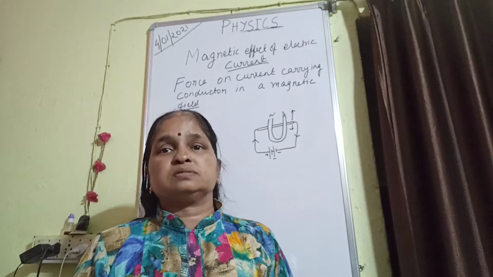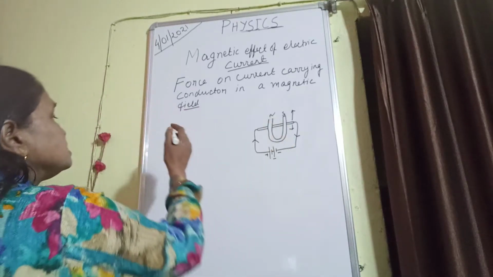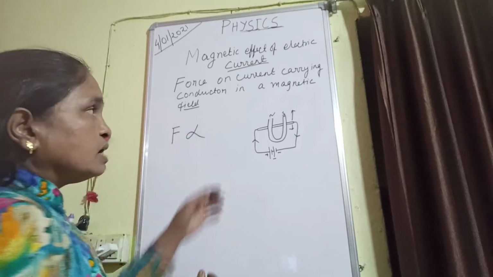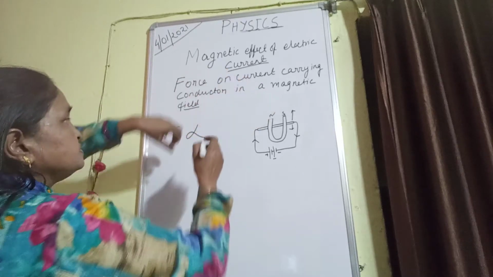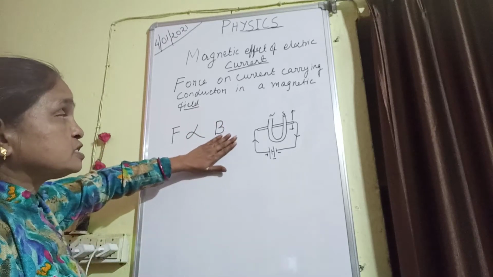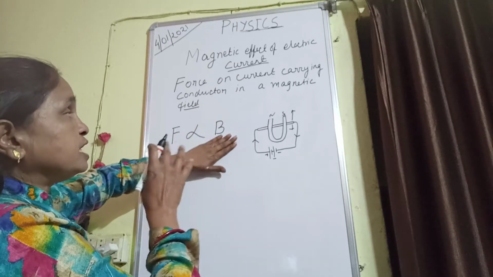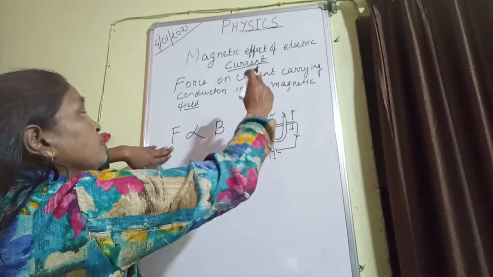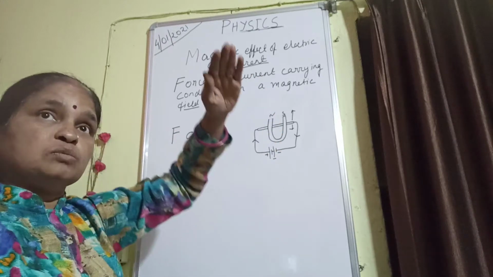That force depends upon the magnetic field B. If there is a strong magnet, that means a strong magnetic field, the force exerted will be stronger.